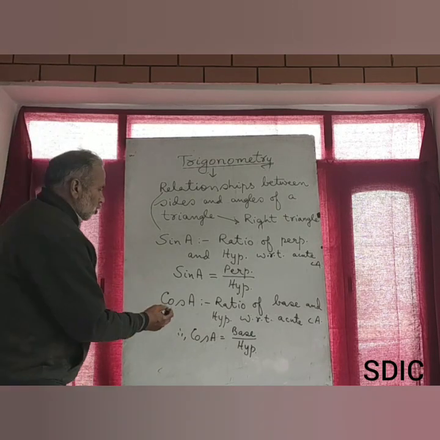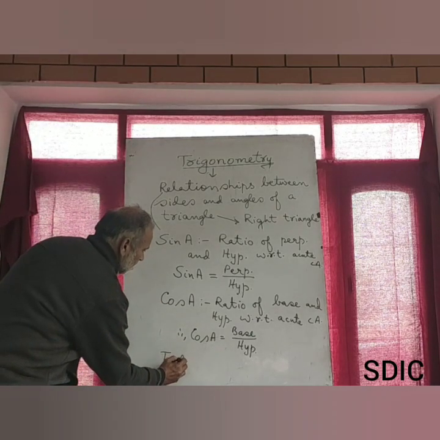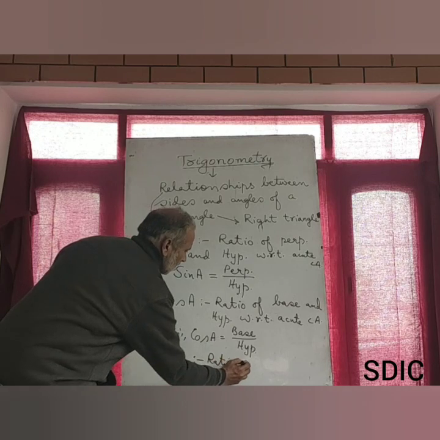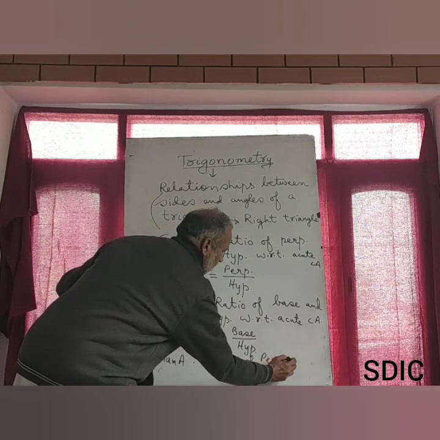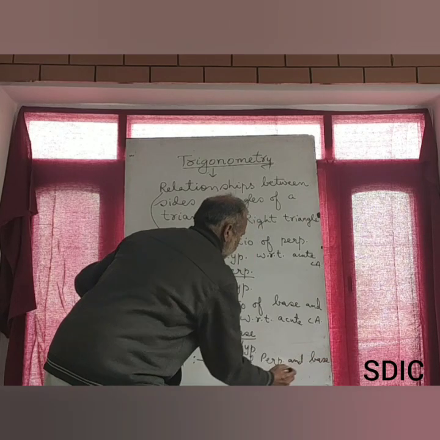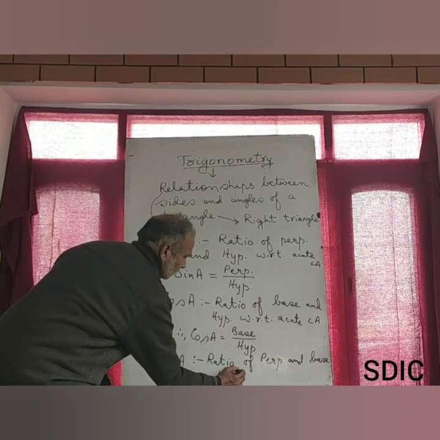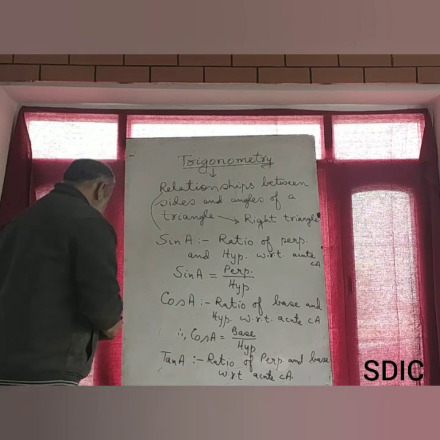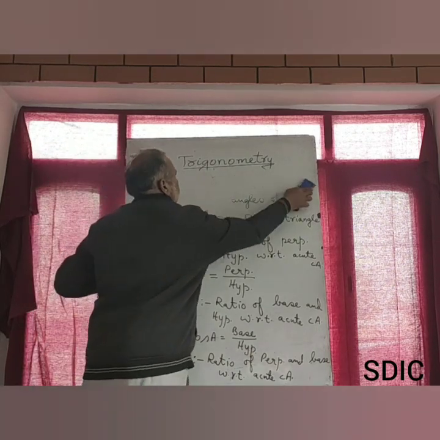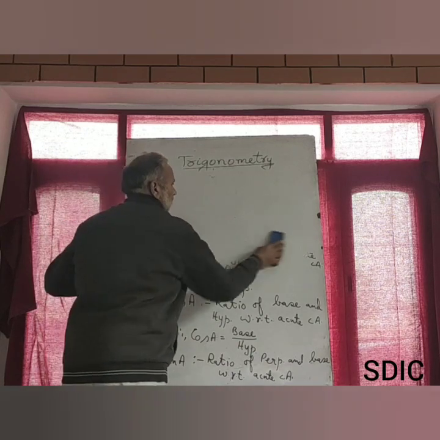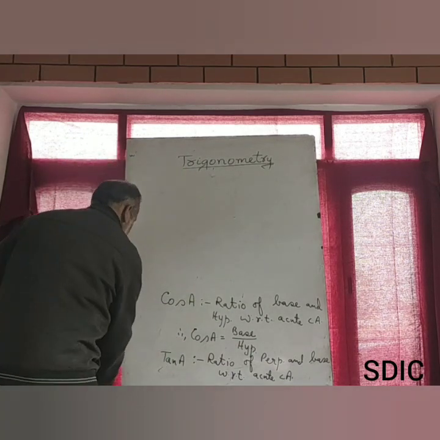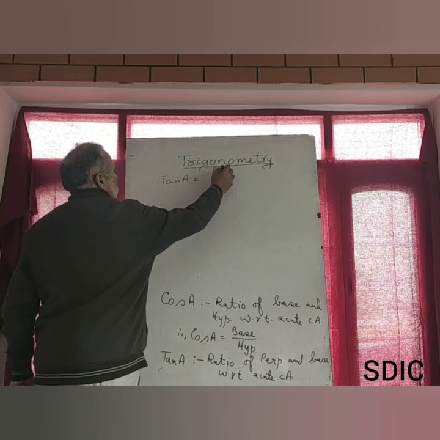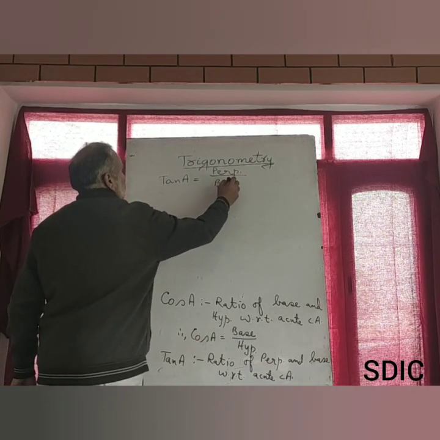The third trigonometric ratio, tan A, is defined as the ratio of perpendicular and base with respect to acute angle A. We write it as tan A is equal to perpendicular by base.